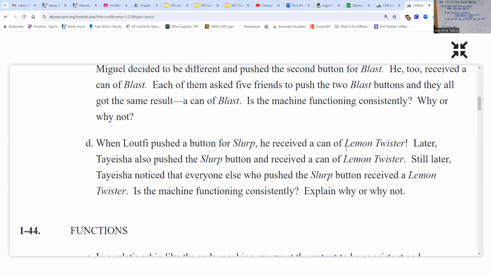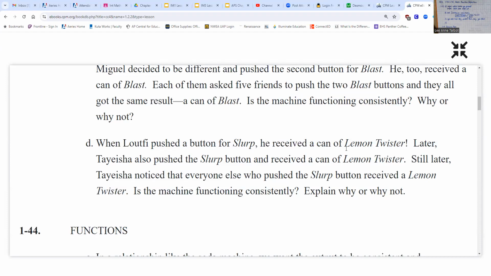When Lucy pushed the button for Slurp, he received a can of Lemon Twister. Later, Taisha also pushed the Slurp button and received a can of Lemon Twister. Still later, Taisha noticed that everyone else who pushed the Slurp button received a Lemon Twister. Is the machine functioning consistently? Yes. The machine isn't the problem here.